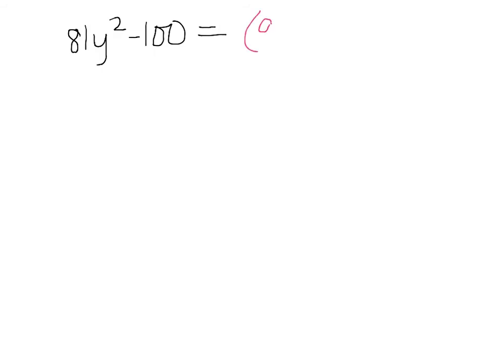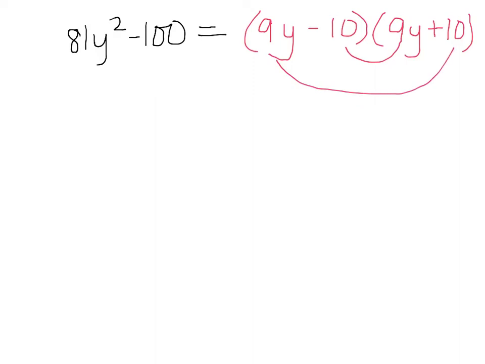So this is going to give me 9y minus 10 times 9y plus 10. And again, if we check, that's going to give us negative 90. That's going to give us positive 90. Negative 90 plus 90 is going to give us 0. So our b value is 0.